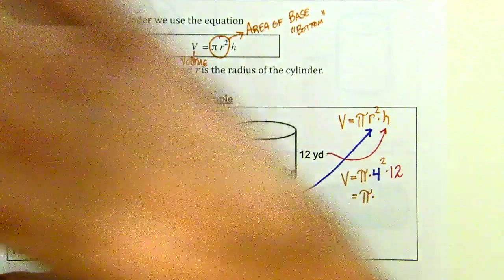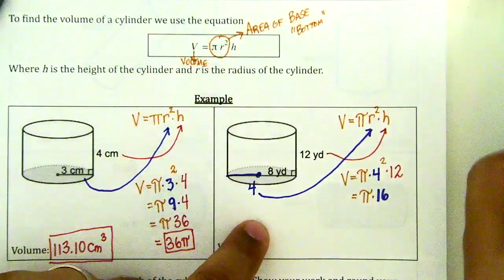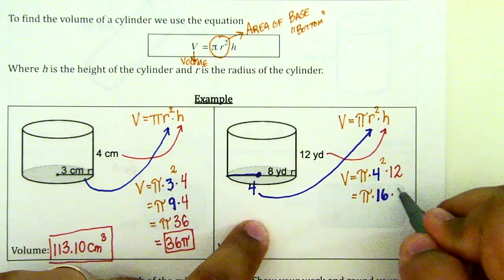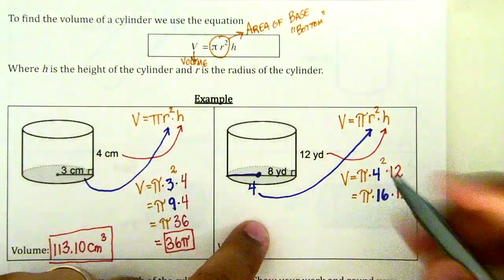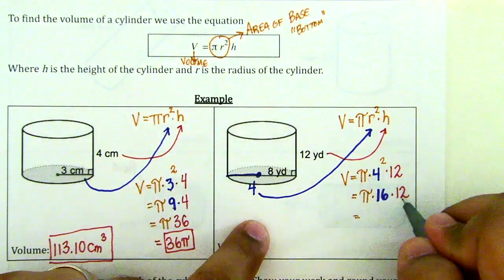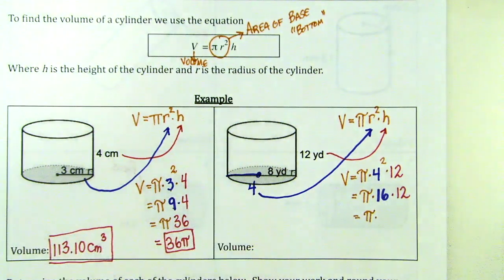So this is going to give us 16 and not 8, right? Times 12. Again, I'm going to write down what I get when I multiply these two. So I've got pi multiplied by 16 times 12, which gives us 192.